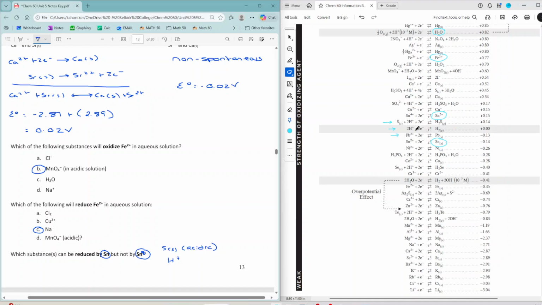And the lead 2 plus. So all of these substances will be reduced when it's in the presence of tin solid, but it will not be reduced by tin 2 plus. Sorry about the typo. Okay, hopefully that makes you feel confident going to do your homework, and then come back and we'll do the next lesson.